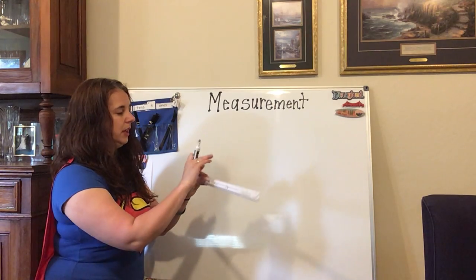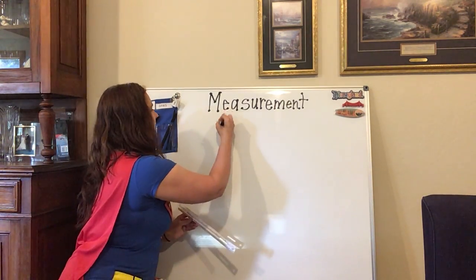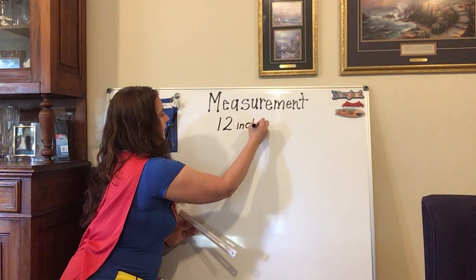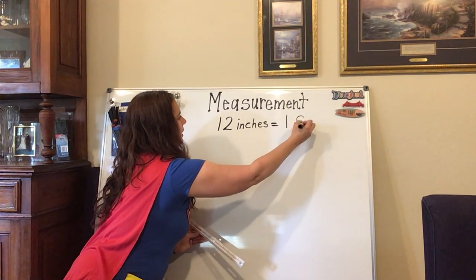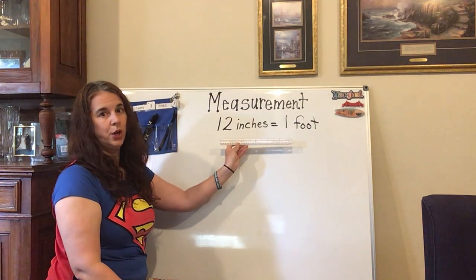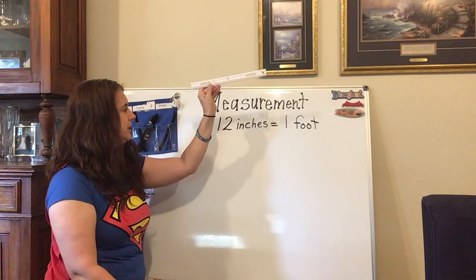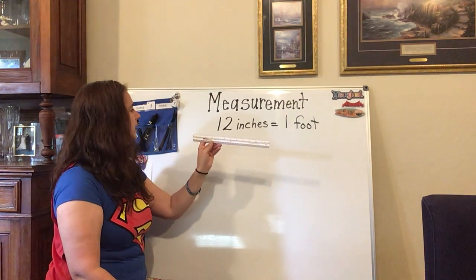When we look, we see that there are 12 inches. 12 inches equals 1 foot. Okay, so this is a foot ruler, so we go by this, and I know it's white, kind of matches the whiteboard, sorry about that. So 12 inches equals 1 foot.